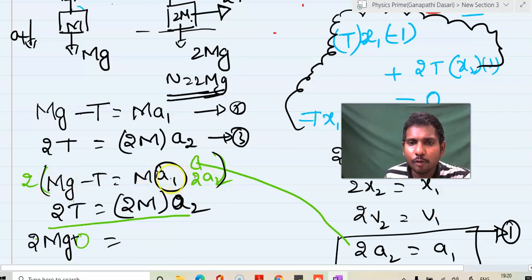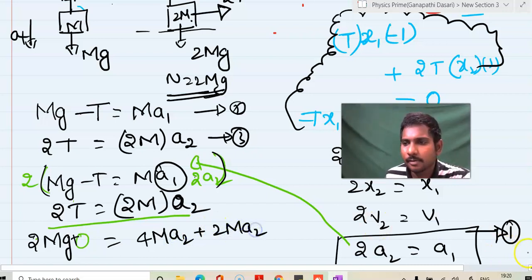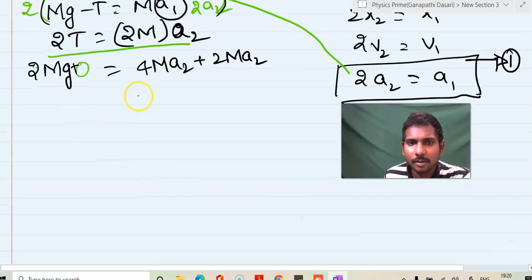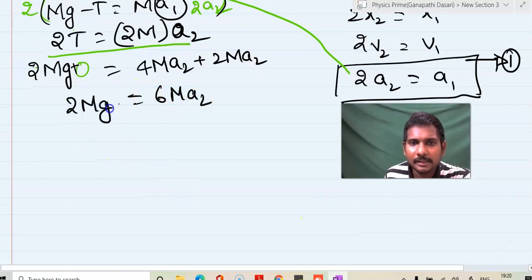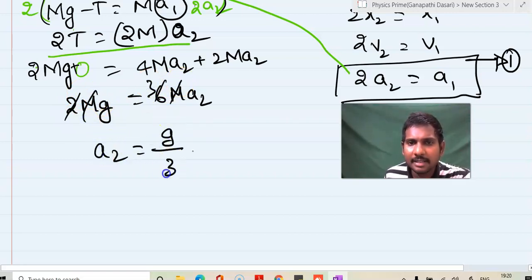That means 4ma2 plus 2ma2 is 6ma2 is equal to 2mg, the 2 and m cancel. That means a2 is equal to g by 3 meter per second square.